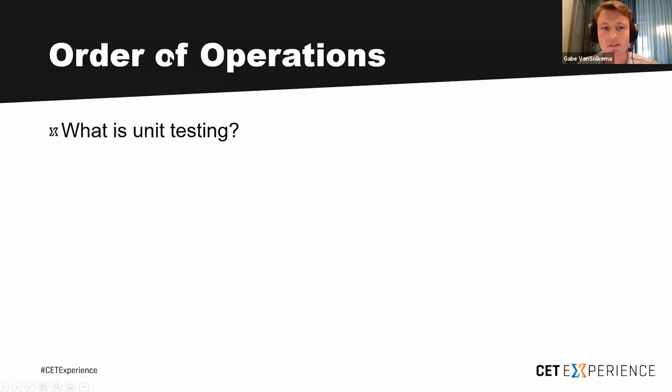So the order of operations: I'm going to be talking about unit testing in general. What is unit testing? Why would you want to use it? Where is it already used in the world?